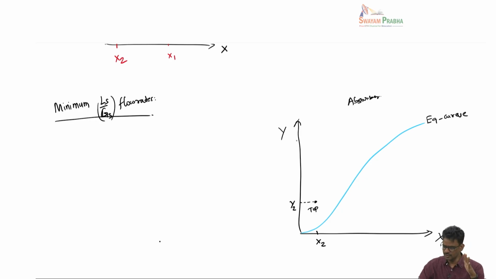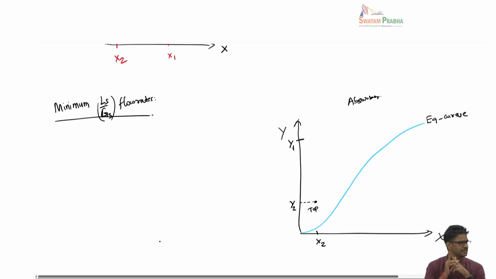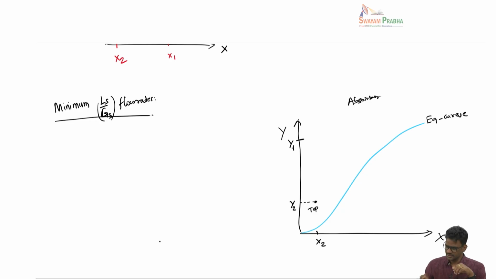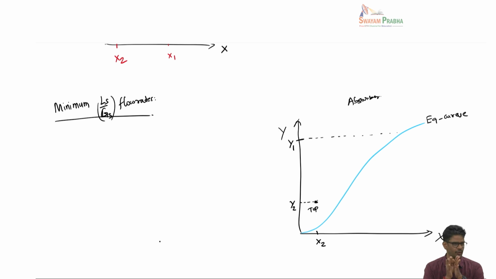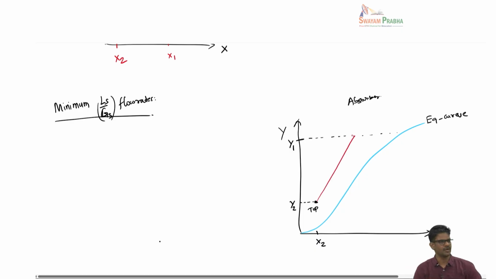We also know what is the composition of the gas in the inlet. So this point is known. This point we have fixed. Now, if I choose a particular liquid flow rate, I can draw that operating line like before. This is my operating line.